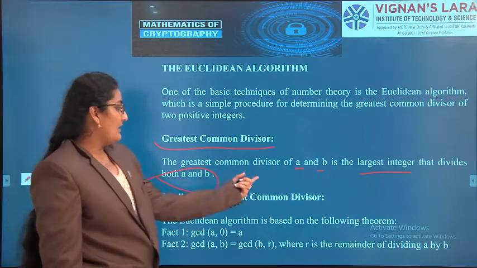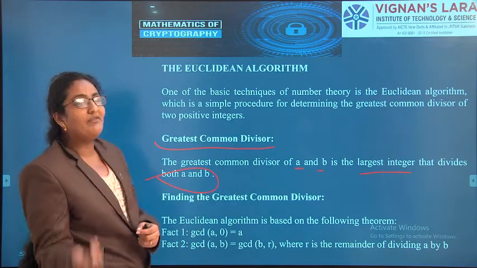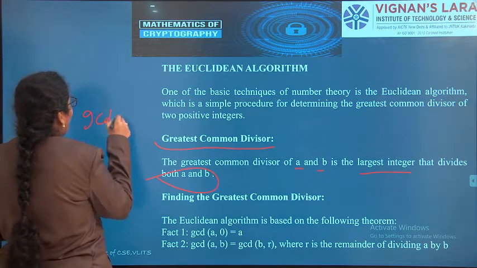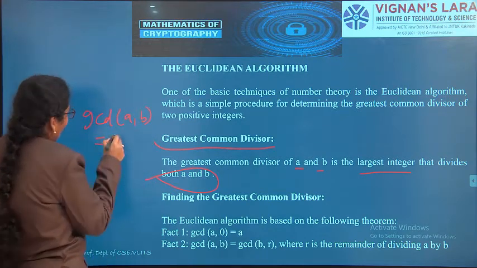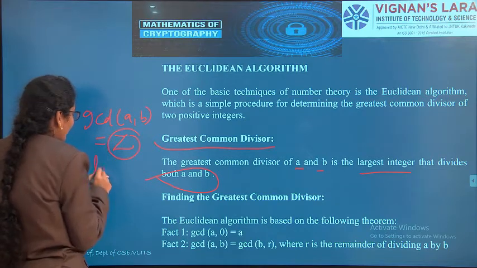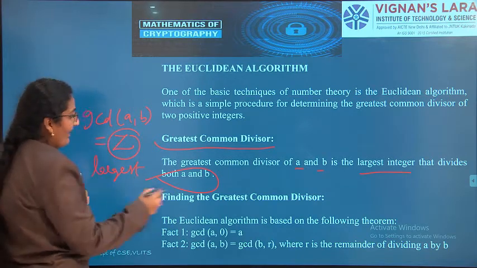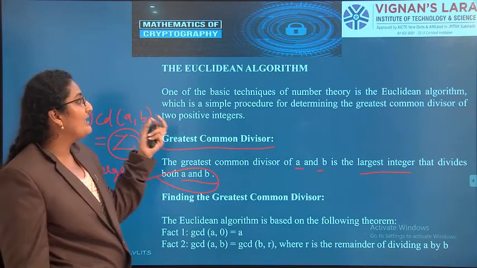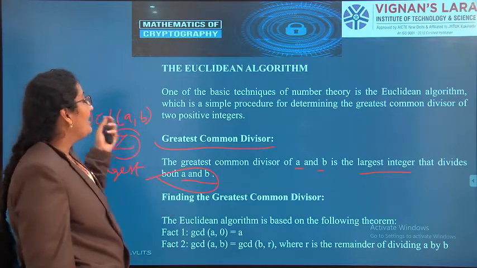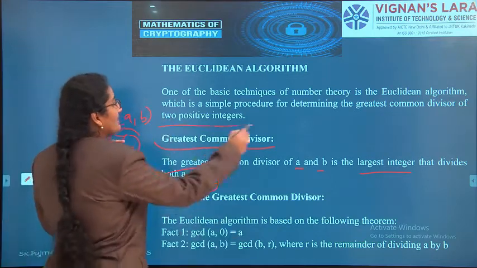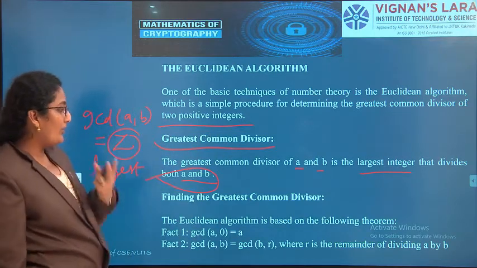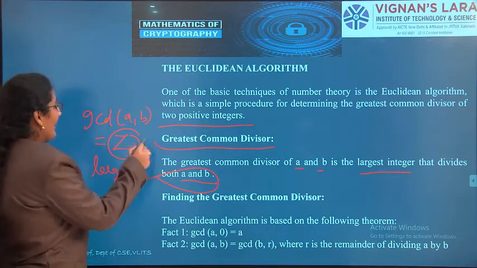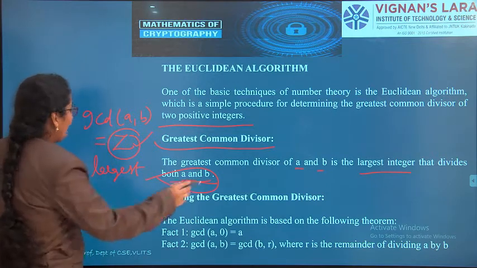So GCD of a, b is an integer, the largest integer, and it will divide both a and b.